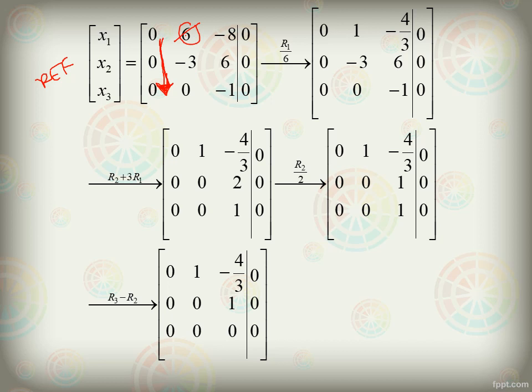In order to reduce this to 1, you divide this by 6, and therefore the whole row must be divided by 6. Once we're done with that, our aim is to reduce the second element here to 1.